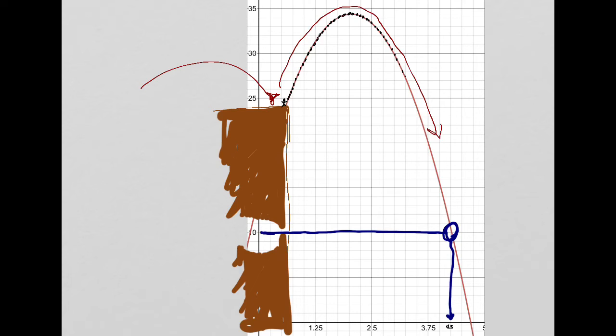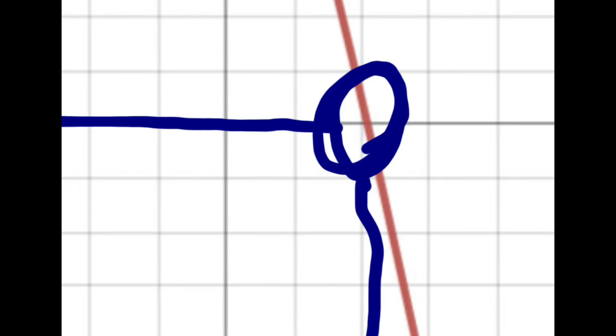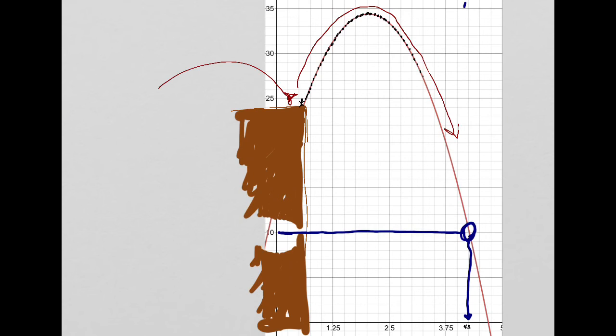If I zoom in a little bit closer, you can see that the red line, the graph, does not intersect right here at this point. It's going to be close, but it does not intersect. And this is what we are looking at. So roughly, we can say it's about 4.5 seconds is the time in which it'll take the rock to be 10 meters above the ground.